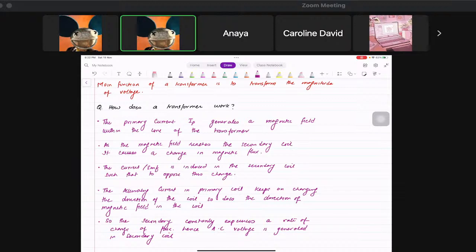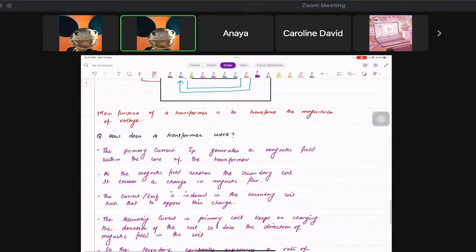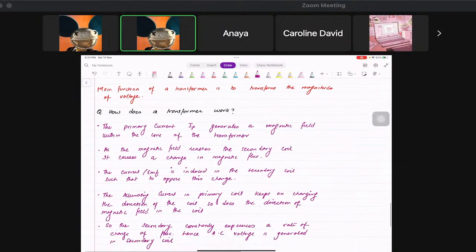Now, all right. So then we need to understand that the main function is not how it works, but what is the main function?